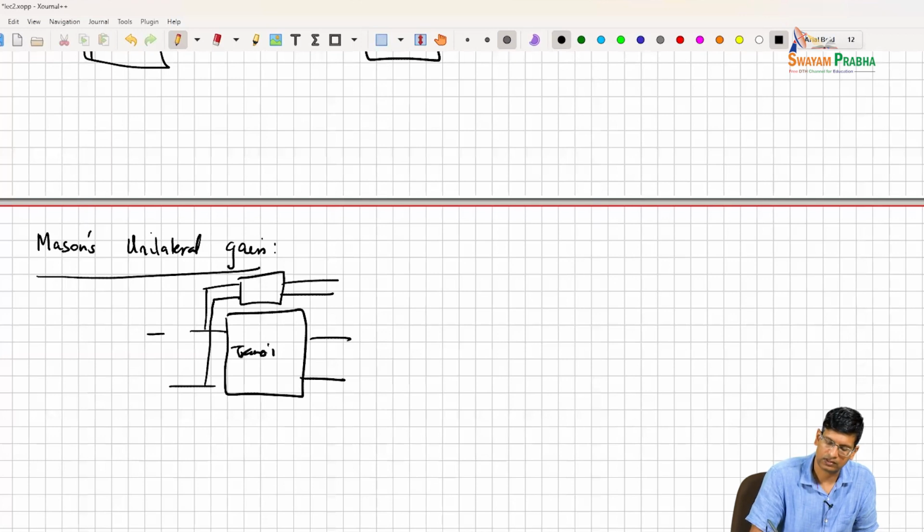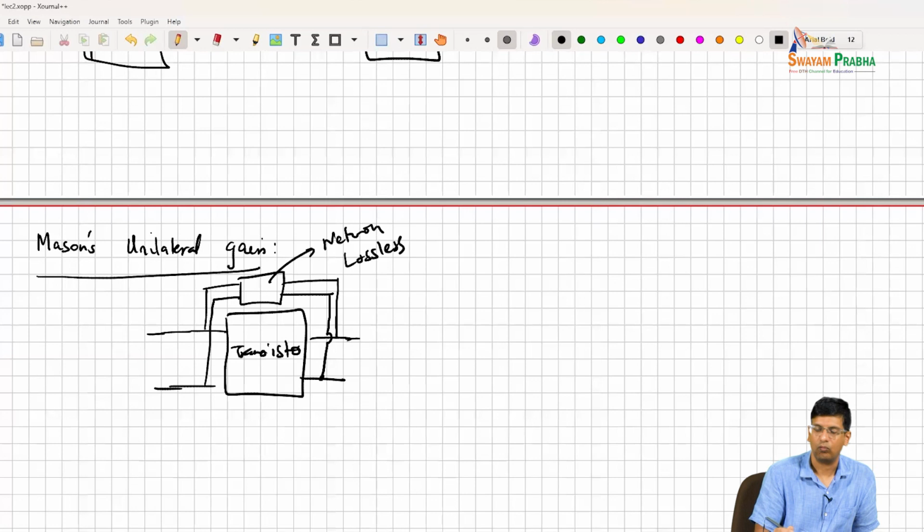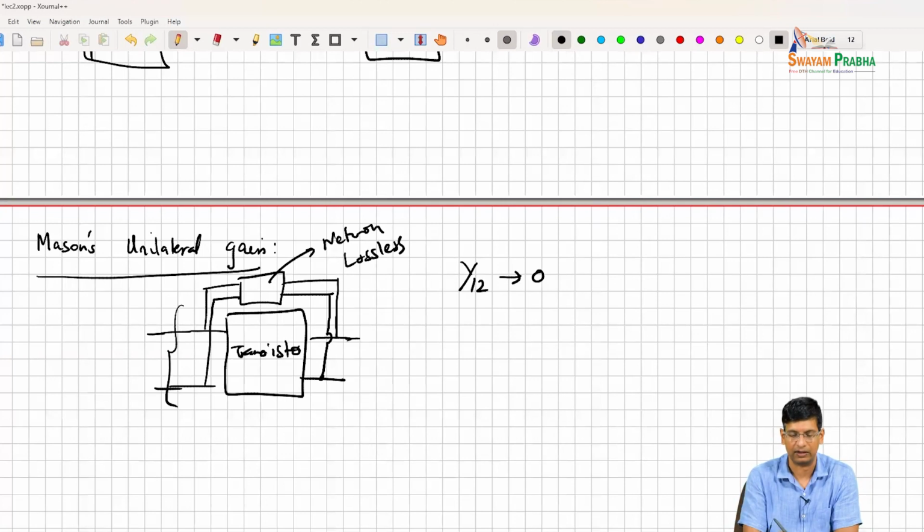So this is the transistor, and this is some other network that I'm adding, right, which is lossless. Right? And what I'm trying to get from this network is that I'm trying to get my Y12 to go to 0, right, for this entire network.